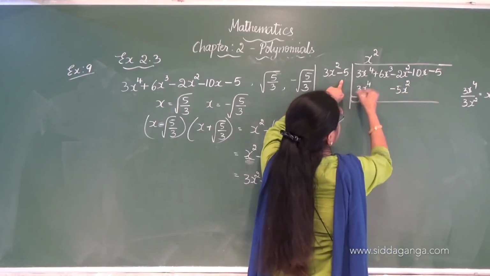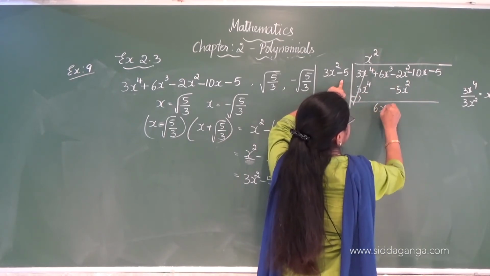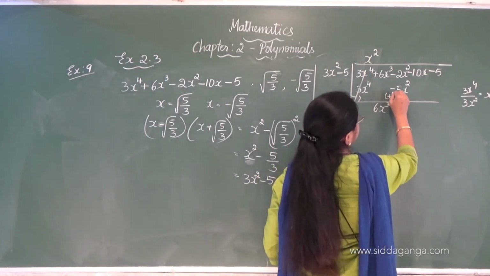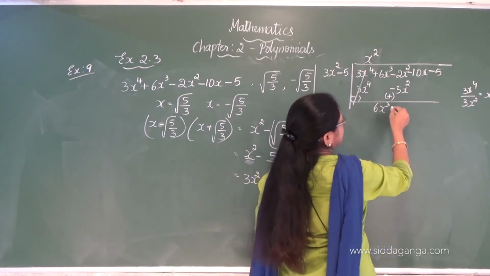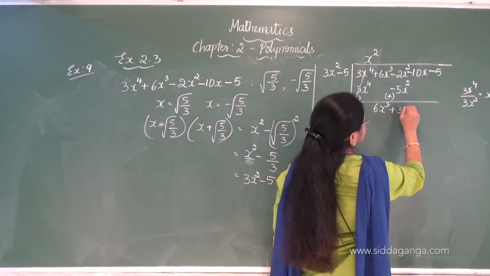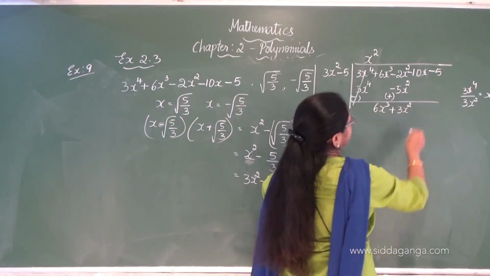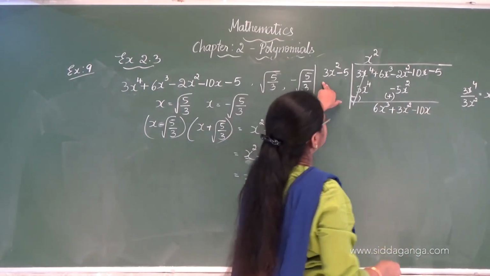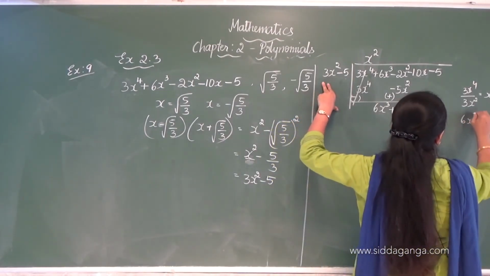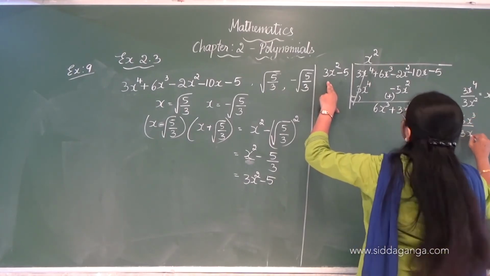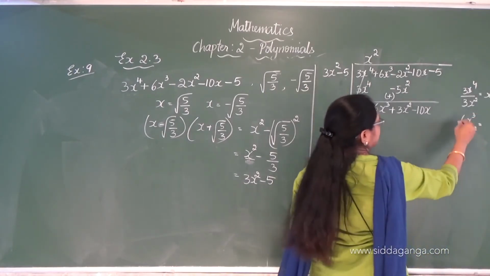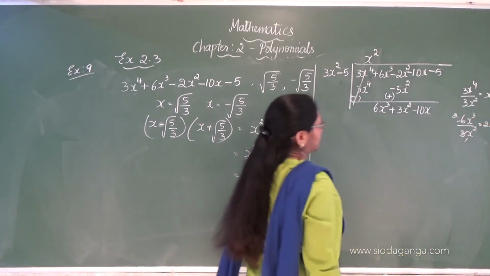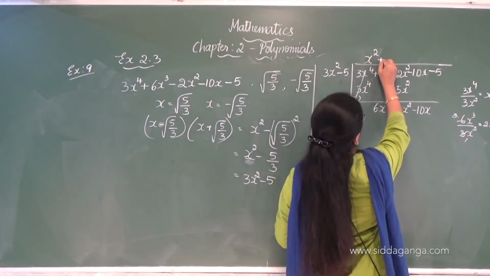Change the sign, and bring down 6x³. Minus and plus gives 3x², then minus 10x. Next, 6x³ by 3x²: 3 twos are 6, and x remains, so the next term is 2x.